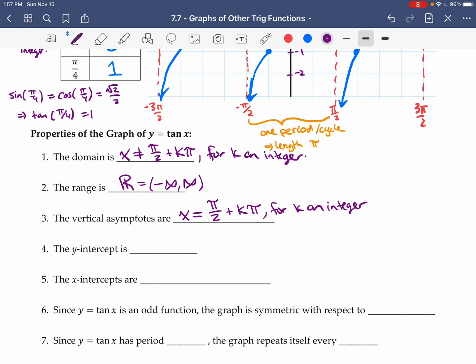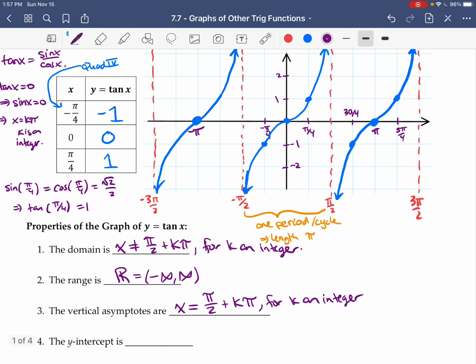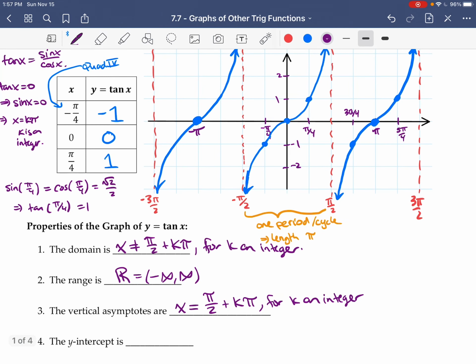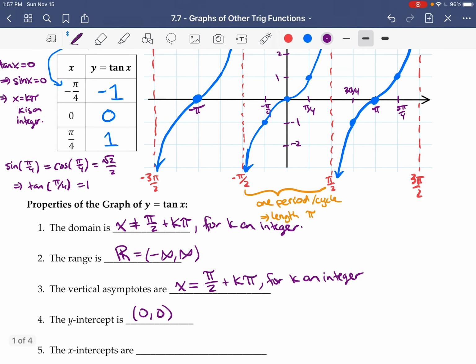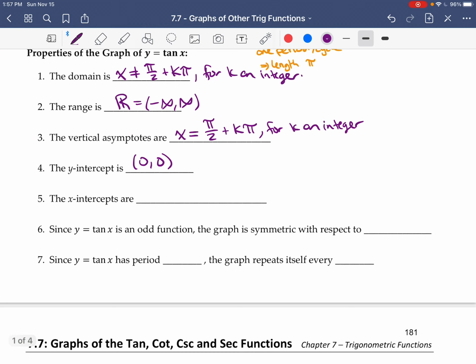Okay, the y-intercept is when we cross the y-axis, that's at the point 0, 0. But there's many x-intercepts. So 0, 0 is an x-intercept, but notice that they occur at multiples of pi. So the x-intercepts, there's infinitely many, and the x values are k times pi, and the y values are 0 always.